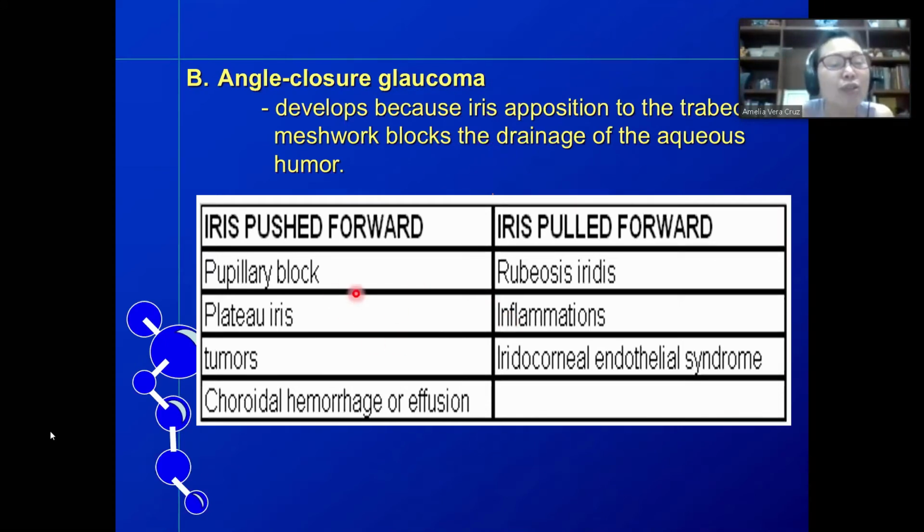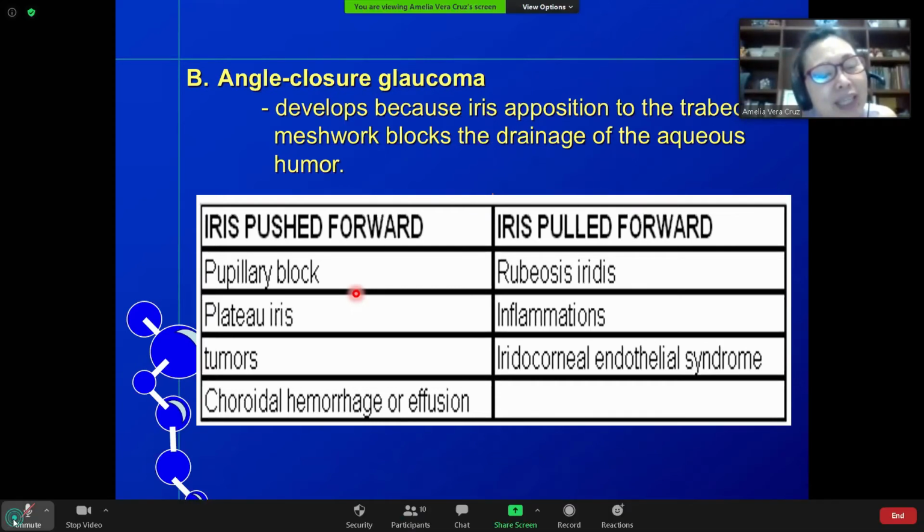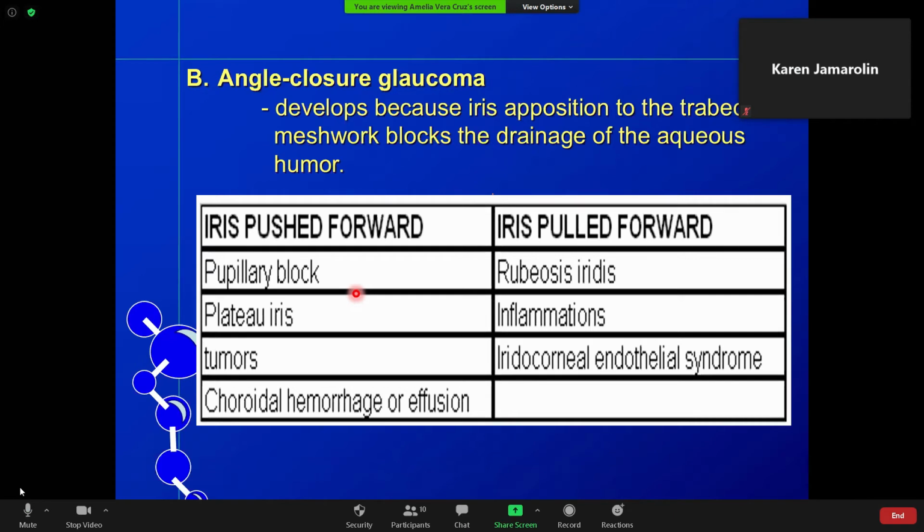Imagine, the aqueous humor is produced from where? Ciliary process. Where is your ciliary processes? Where is it located? In the anterior or posterior chamber? Anterior.